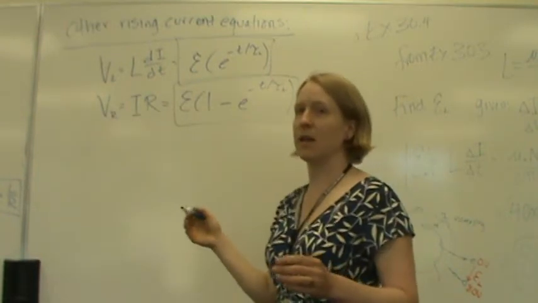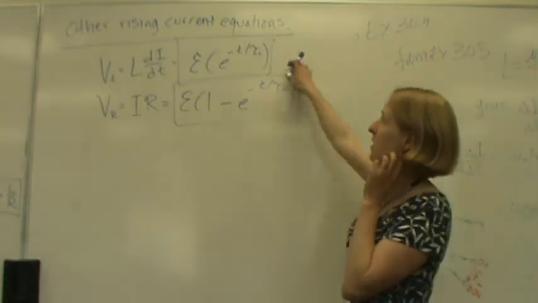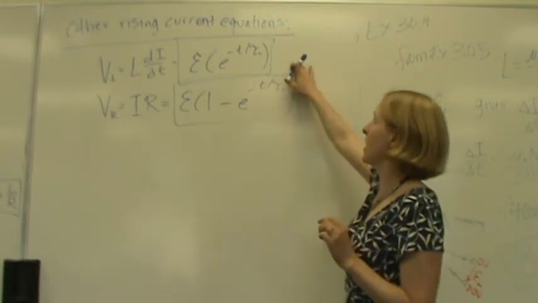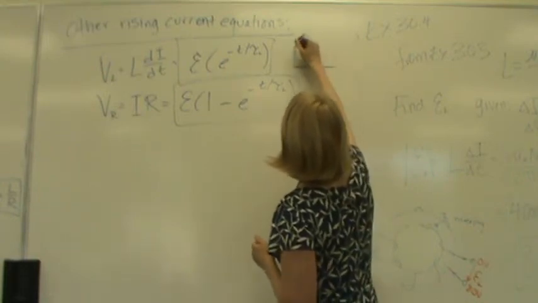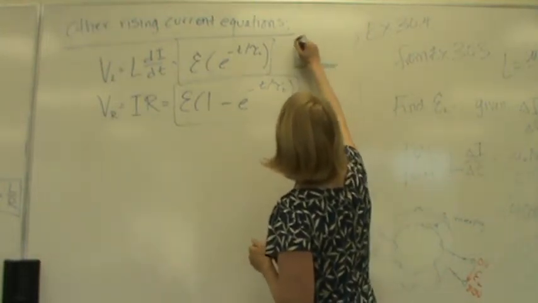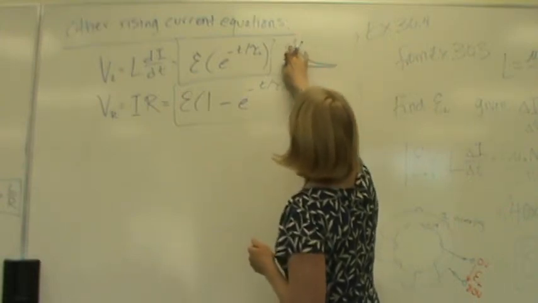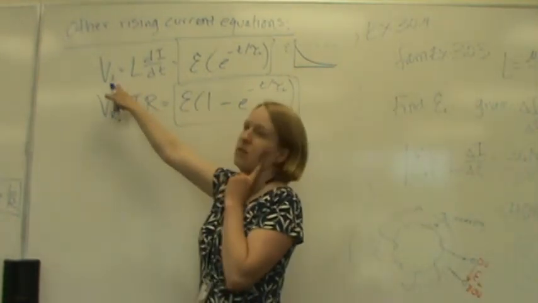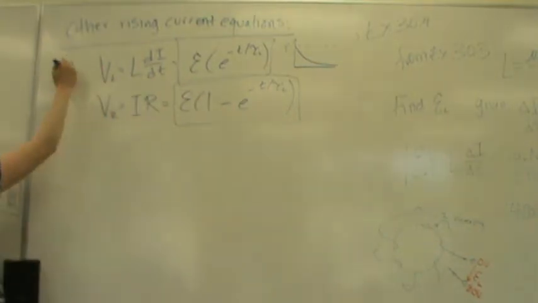So at any given point in time, you could also solve for the voltage drop across the inductor or the voltage drop across your resistor. This shape shows you that the voltage drop across the inductor starts out high and decreases gradually over time, with the max value of E, that's E of the battery. So this is essentially your induced EMF, E sub L. That's your induced EMF.